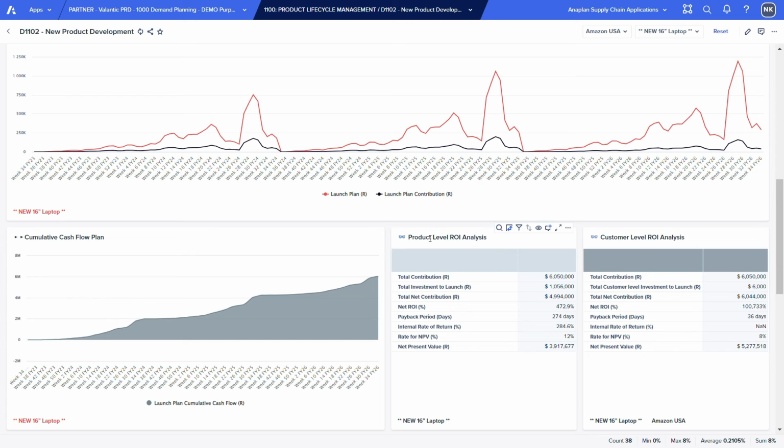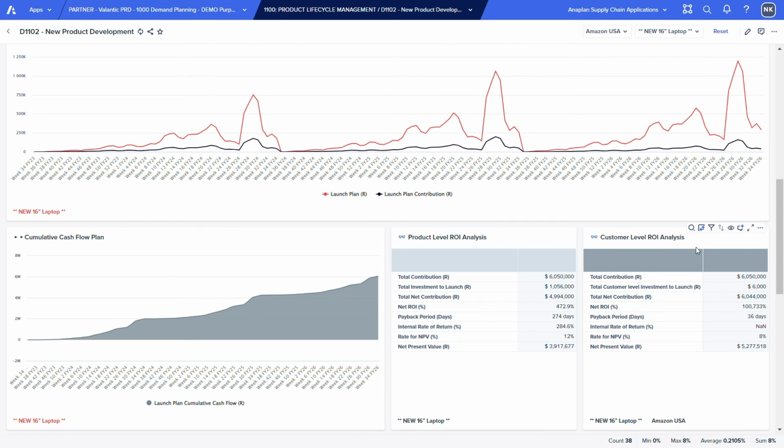Again, to the right here, we can see our return of investment analysis on the product level, which provides us with a clear picture of our product's profitability. Similarly, the customer level return of investment analysis provides us with a more focused view on customer specific metrics. This is a more granular view, and it allows us really to tailor our marketing efforts and target specific customer segments.